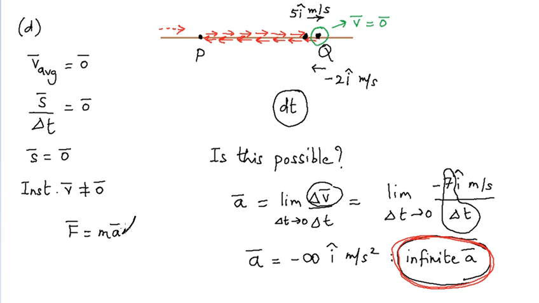And if infinite accelerations were allowed, for example here this is minus infinity times i cap, then clearly the force which would generate such an infinitely large acceleration has to be of infinite magnitude, which is not possible in practice. It's not possible to have an infinitely large force.